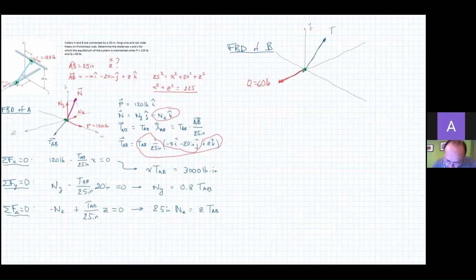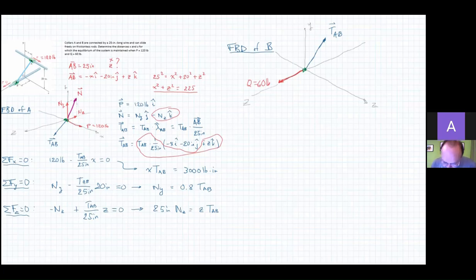Let's call it TAB. And the reaction on the rod is going in the z direction. This is the z axis here. So there is no component in the z direction, but there are components in x and y because the force is normal to the z axis.